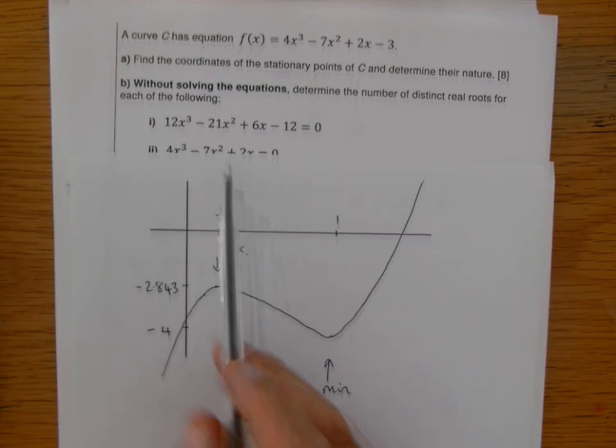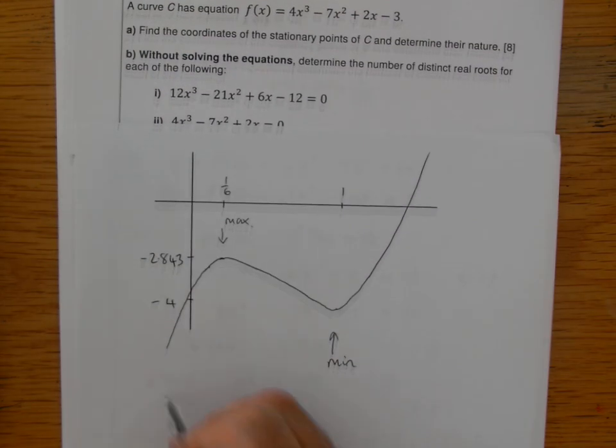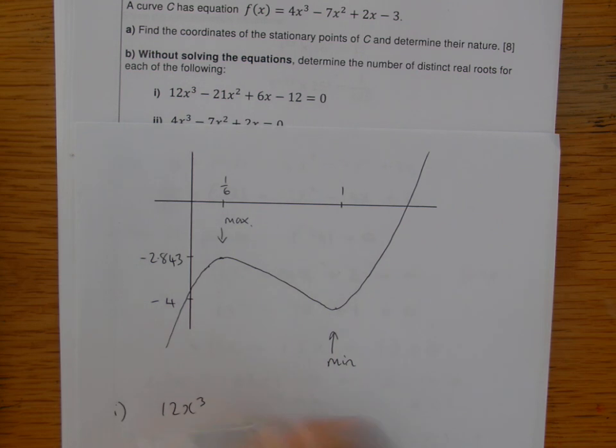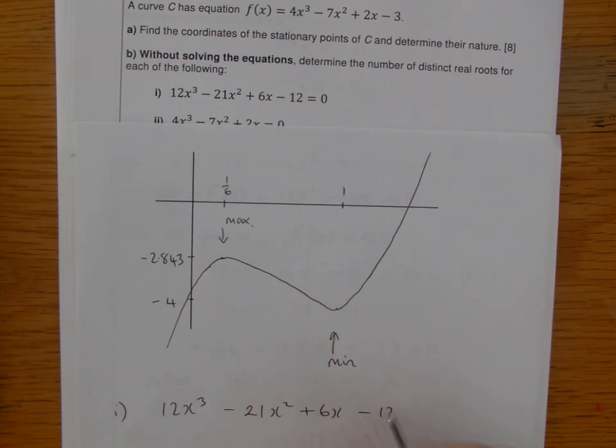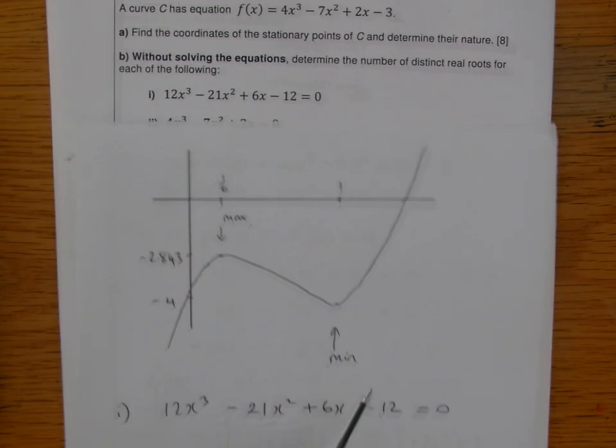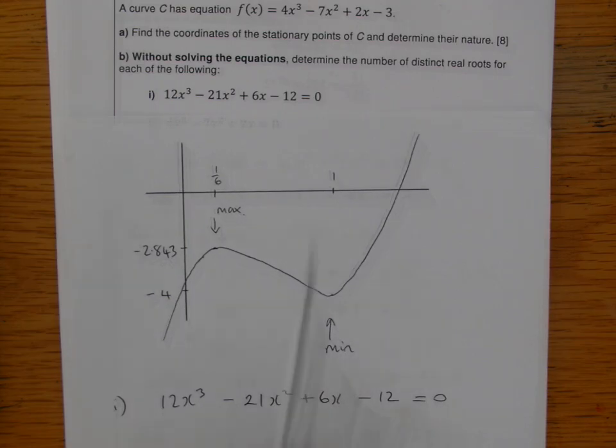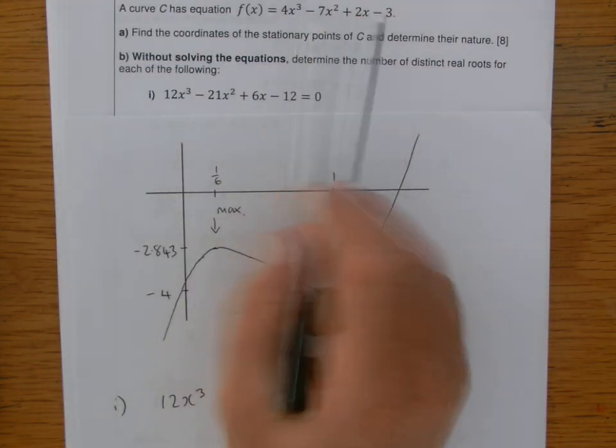So if we look at what we've got to solve here, it's 12x cubed for the first one, minus 21x squared plus 6x minus 12 equals 0. Now what we want to do is change this so we can get back to this curve.